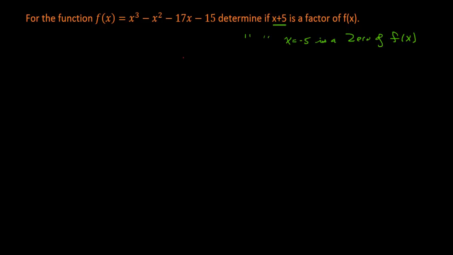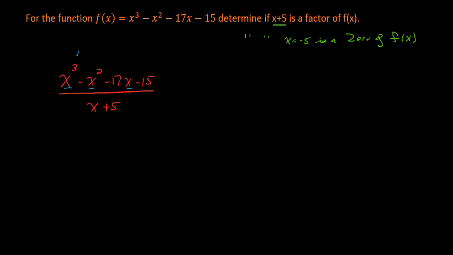In this circumstance, what we are asking is whether or not x cubed minus x squared minus 17x minus 15 is divisible by x plus 5, or whether x plus 5 divides evenly into x cubed minus x squared minus 17x minus 15. The first check that I like to ask myself is, do I have every term present in descending order?